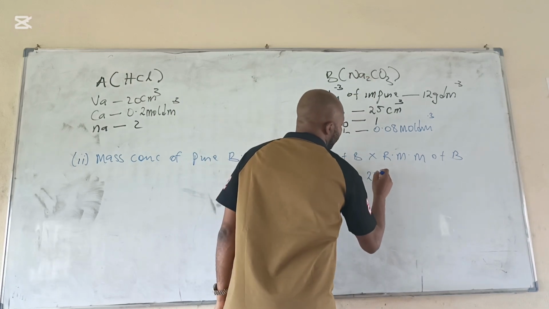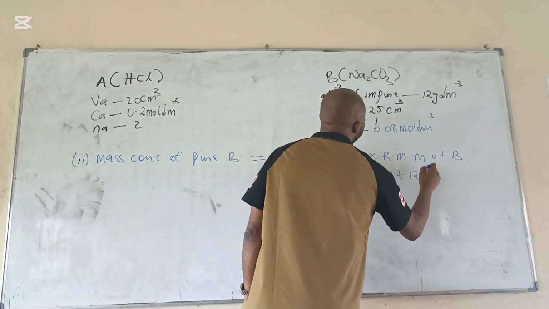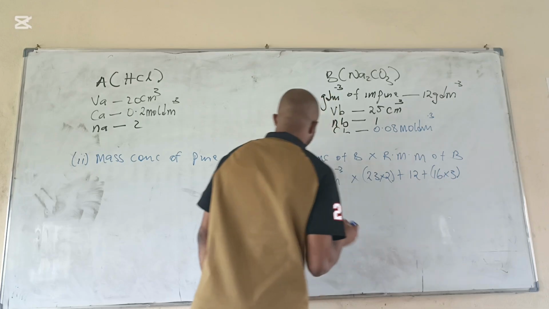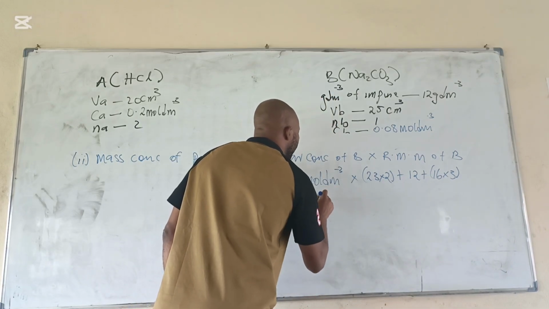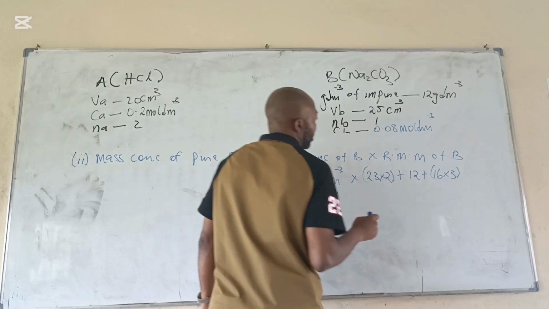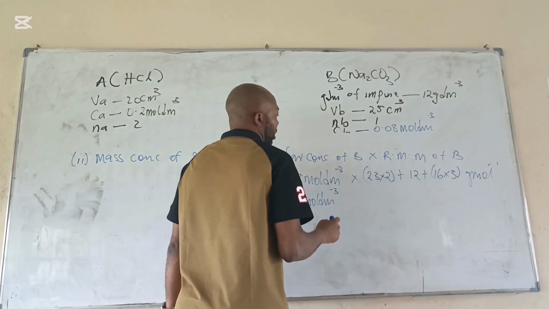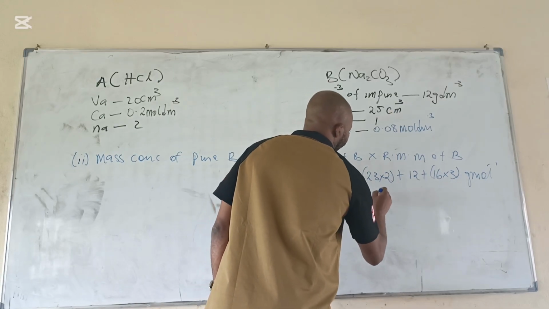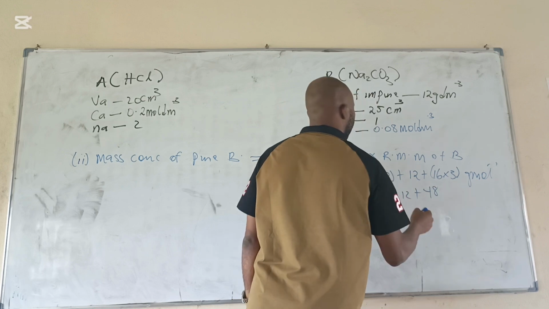This is 23 times 2 plus carbon is 12 plus oxygen is 16 times 3. So I have my 0.08 mole per dm cube. This is in g/mol. Now this is 46 plus 12 plus 48.